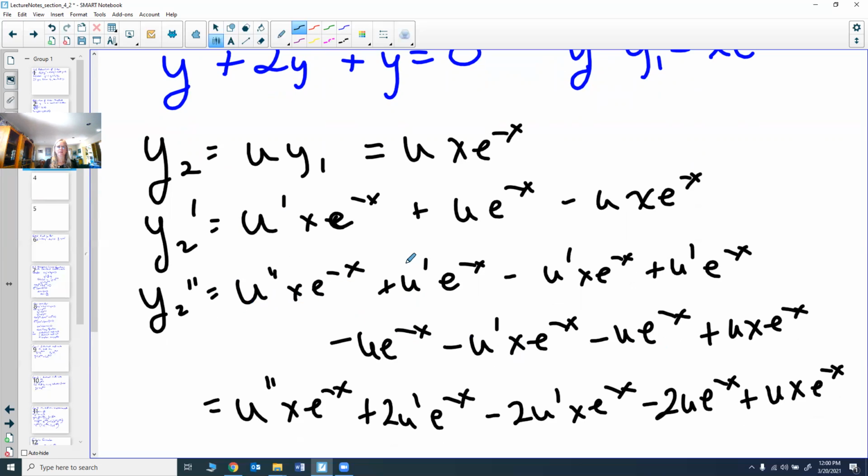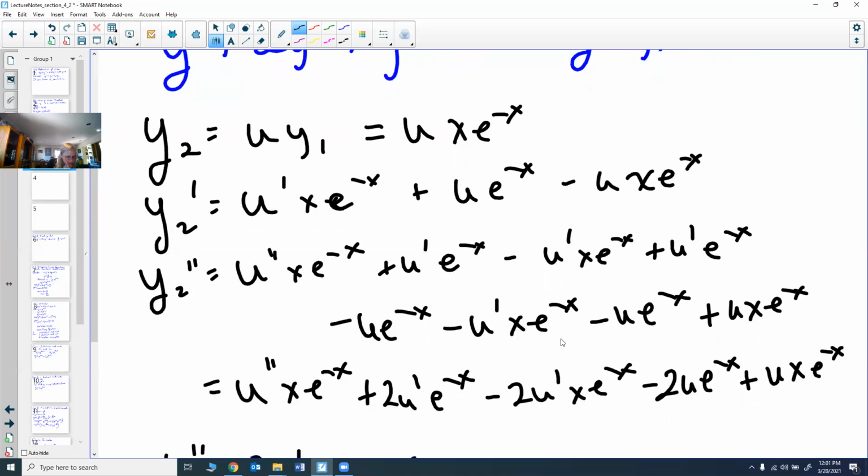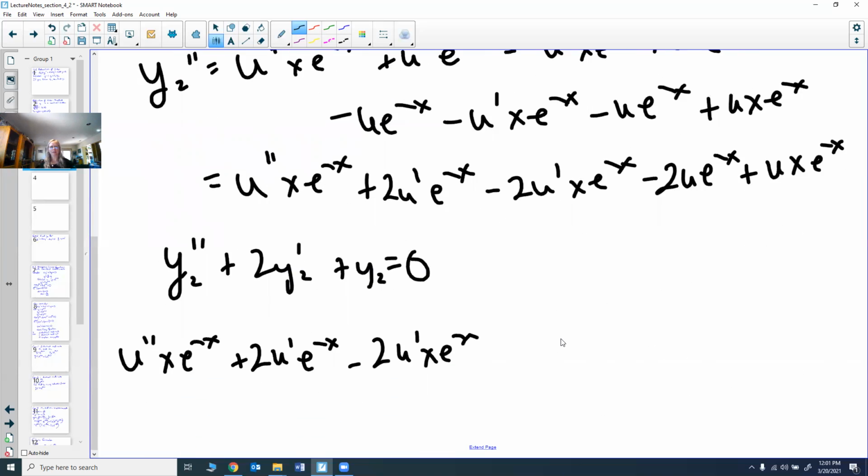So u double prime x e to the minus x, u prime e to the minus x, minus u prime x e to the minus x, plus u prime e to the minus x, minus u e to the minus x, and then minus u prime e to the minus x, minus u e to the minus x, plus. I'm not seeing a mistake, but I know there's a mistake because I know things should have canceled out. Or maybe they shouldn't cancel out. Maybe it's coming later. All right, let's keep going. I'm pretty sure I've got everything right.